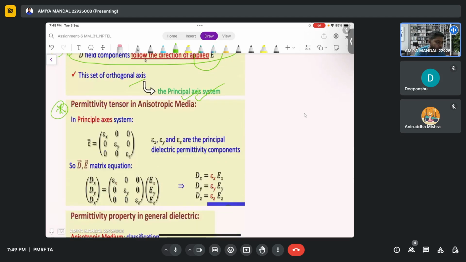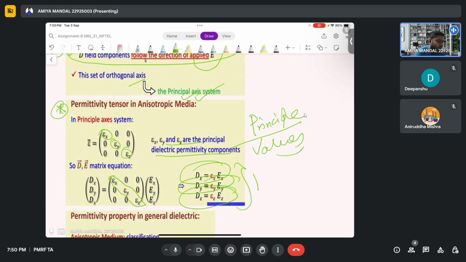For the permittivity tensor with Ex, Ey, Ez, we are just considering the principal values, so these are also the principal electric displacement values.